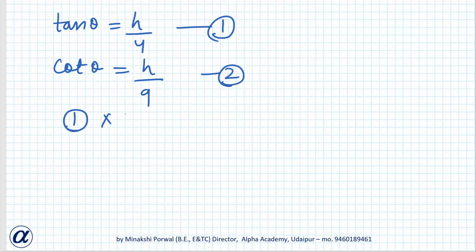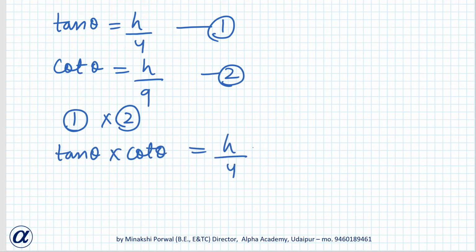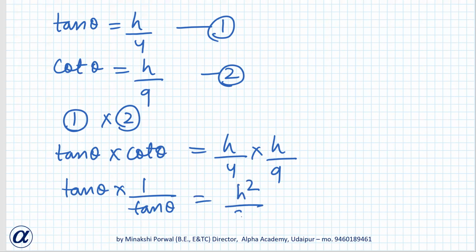Multiplying 1 and 2, tan theta into cot theta equals H by 4 into H by 9. Cot theta is actually 1 upon tan theta, so these two cancel, and this is H square by 36.